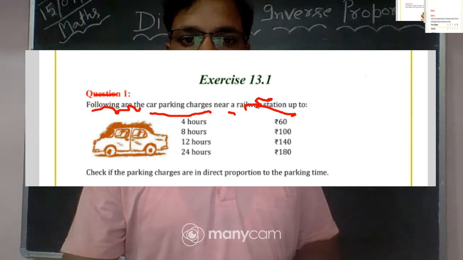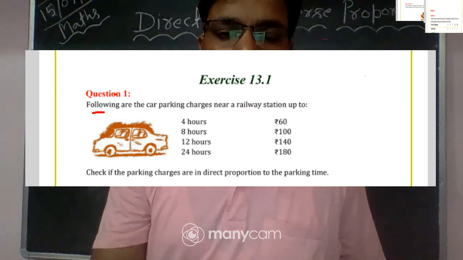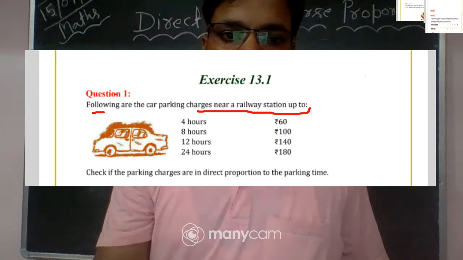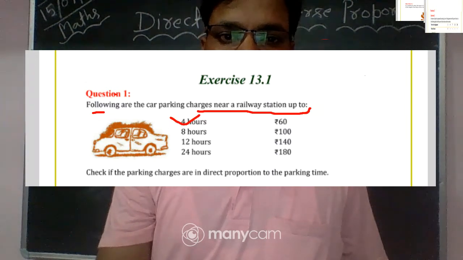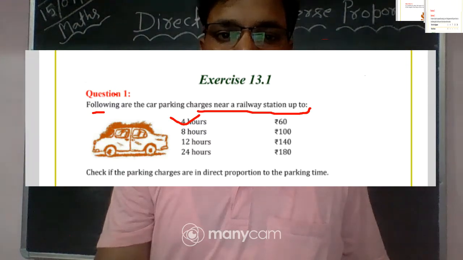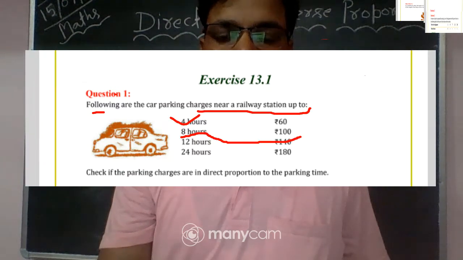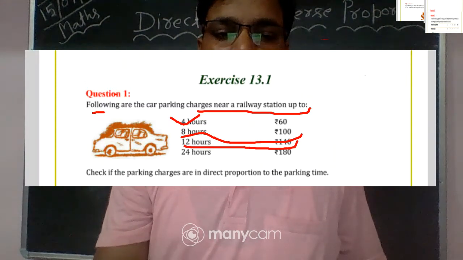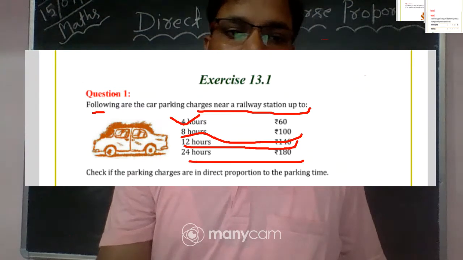Parking charges near railway station: up to 4 hours, 60 rupees; 8 hours, 100 rupees; 12 hours, 140 rupees; and 24 hours, 180 rupees.